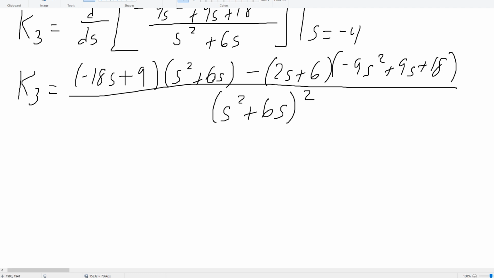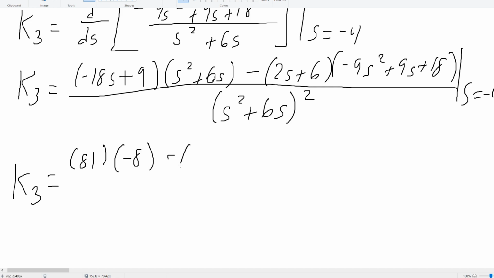So you have this. And then you just have to plug in s is equal to negative 4. Yep. So over here, you have s is equal to negative 4. Now, as I said, you could just do this on your calculator. But I will write out what each part turns out to be. The first part is 81. The next part is negative 8. This is negative 2. This is negative 162.